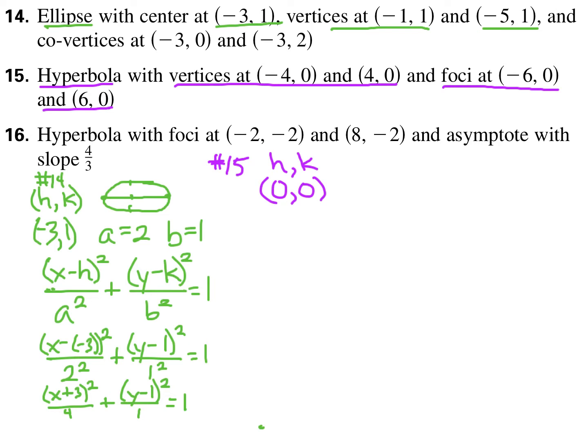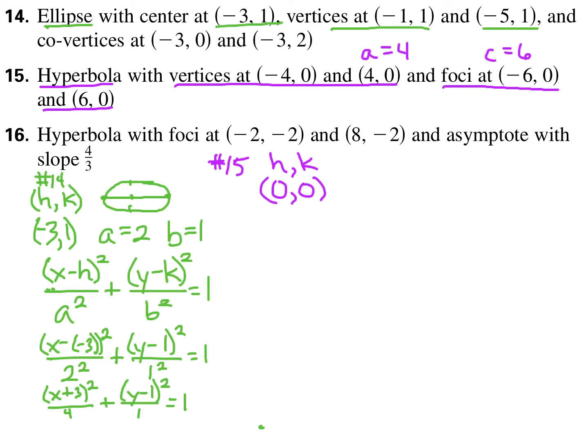All right. Well, the relationship with foci and a hyperbola: foci are c units away from the center. So that means that c is equal to 6, and the vertices are a units away from the center, so a is equal to 4.